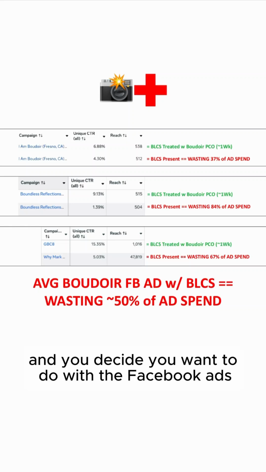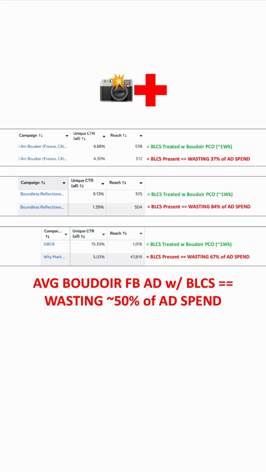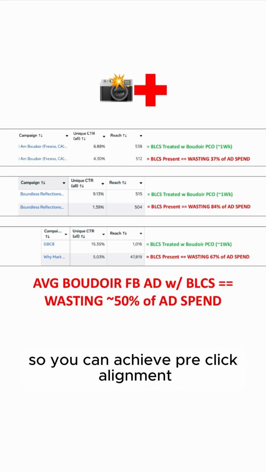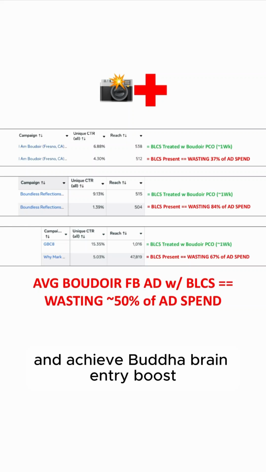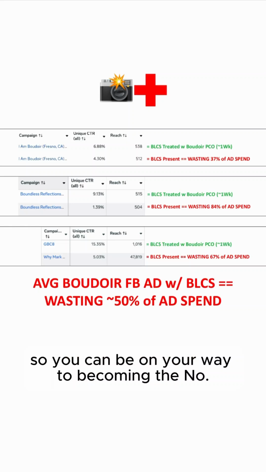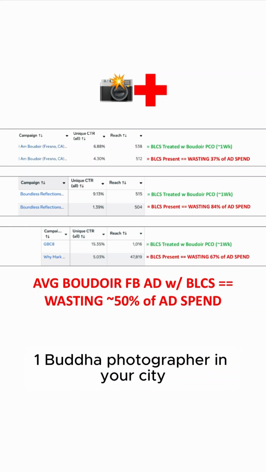You decide you want to do it with Facebook ads. Put that money back in your pockets. You can achieve pre-click alignment, become a dominant boudoir advertiser, and achieve boudoir brain entry boost with your boudoir Facebook ads. So you can be on your way to becoming the number one boudoir photographer in your city.